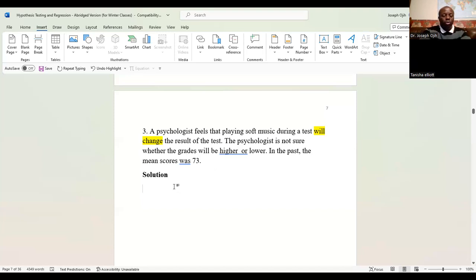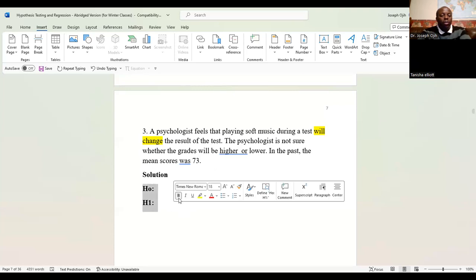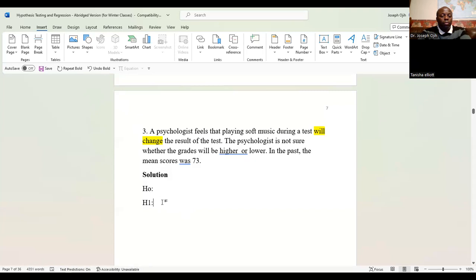So that means H0 and H1. These psychologists feel that the mean will change. The symbol is going to be not equal to, which can only be used in the alternative. Not equal to what? Well, it said that in the past, the mean score was 73, so not equal to 73.